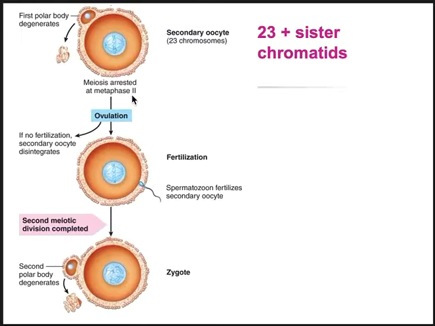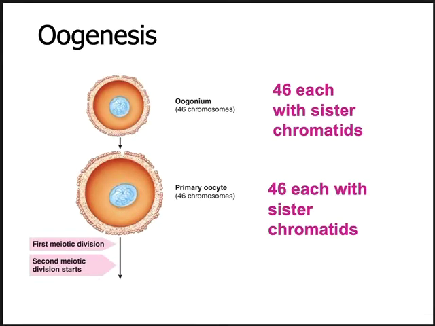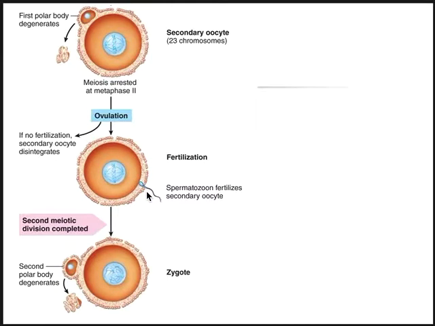So you'll have all of these primary oocytes sitting and waiting in the ovary at birth, and then at puberty you'll have one or a few become secondary oocytes, and one typically will win, and then that'll be arrested at metaphase 2, and then that's when ovulation occurs.